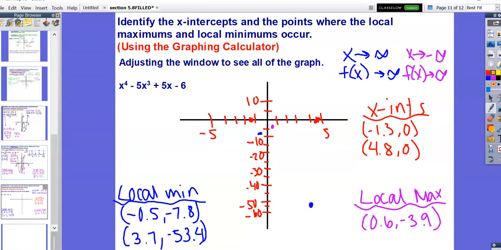And then the last step, we can connect our points. And does it match the end behavior that we predicted right away at the start of this equation? Yes. As x is approaching both negative infinity or positive infinity, our graph is increasing and approaching positive infinity.